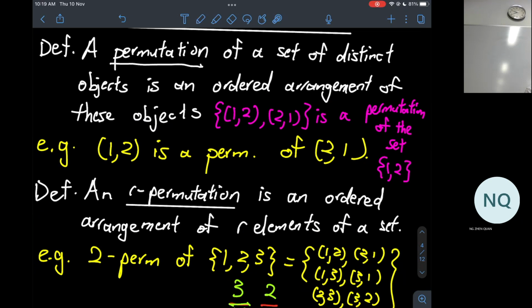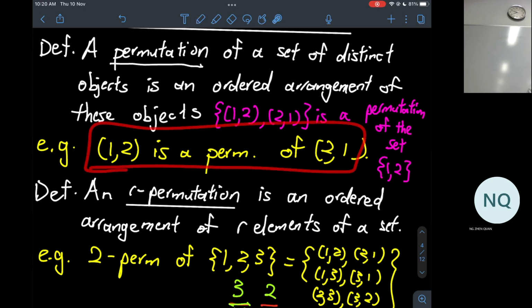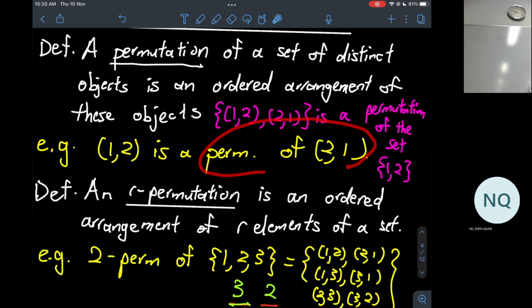So actually, when I write this sentence here, I haven't defined what is the permutation of an element. I just want to give you an idea of what a permutation is.